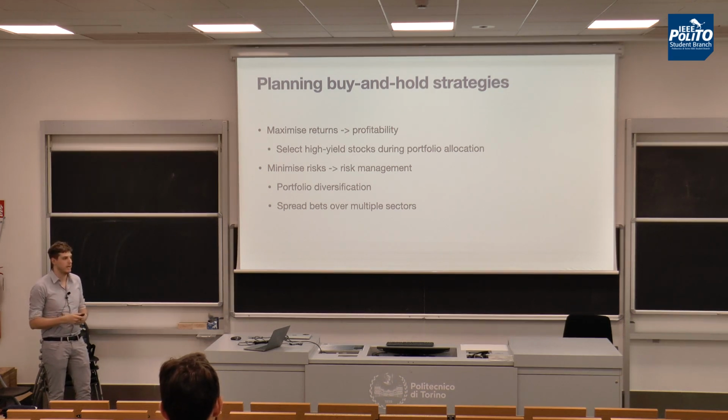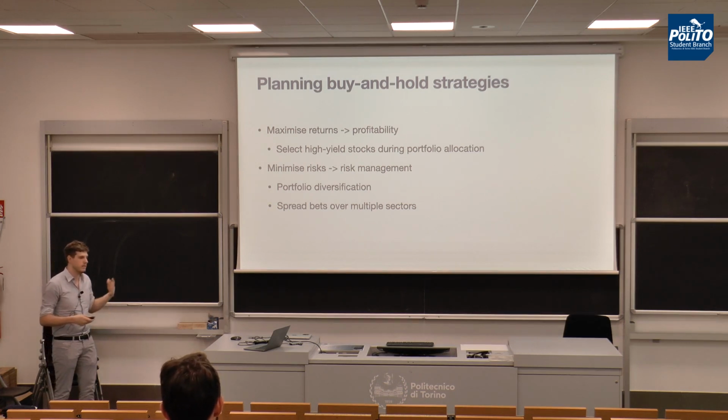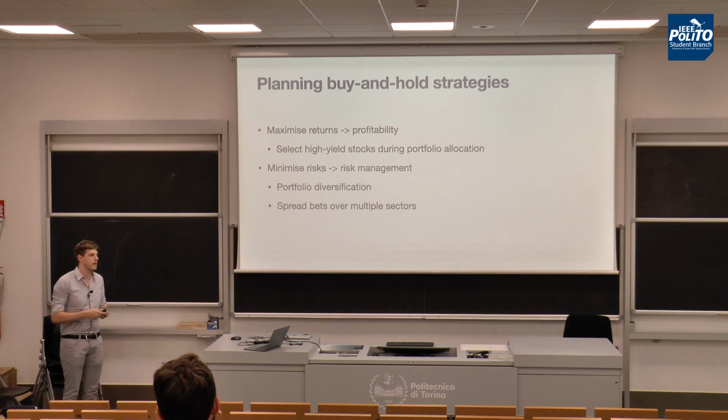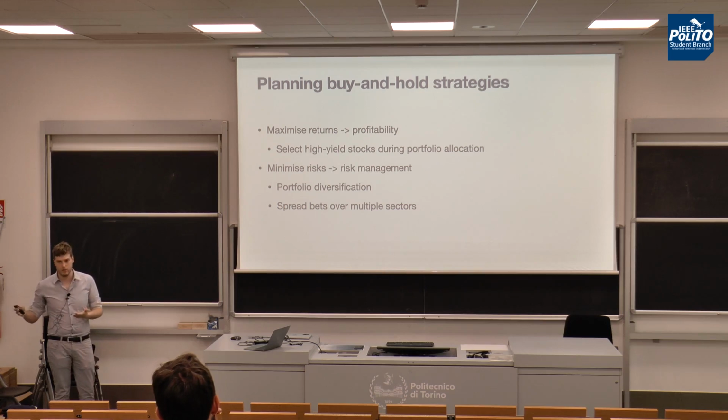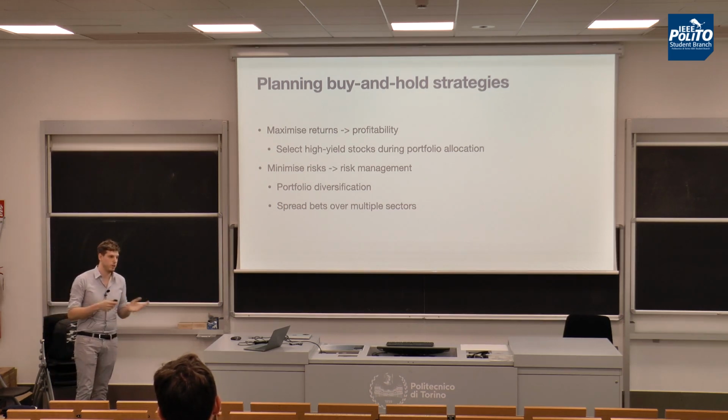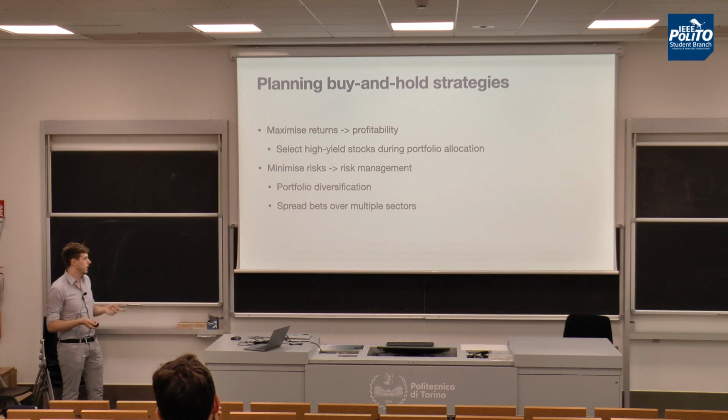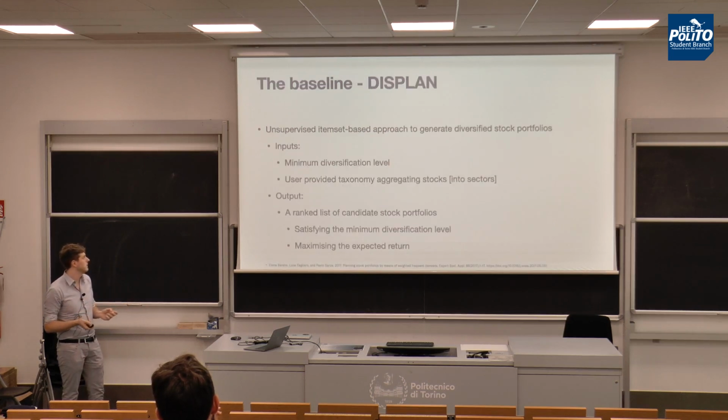In this way, you try to diversify the portfolio. So if, let's say, the pharmaceutical sector goes down, maybe fintech does not. And so you try to invest in all of the sectors equally. That is what is usually done, and I'll show you a different way to do that.